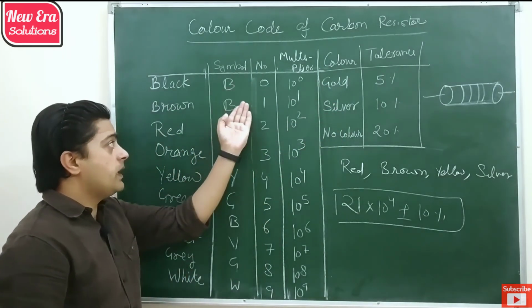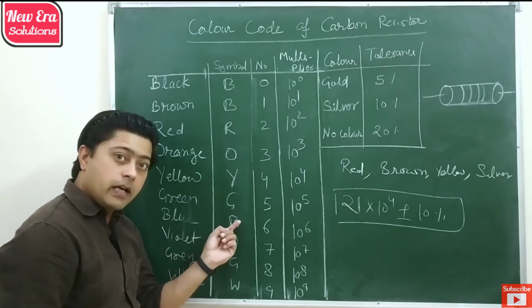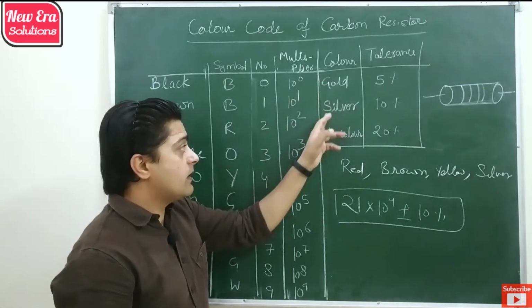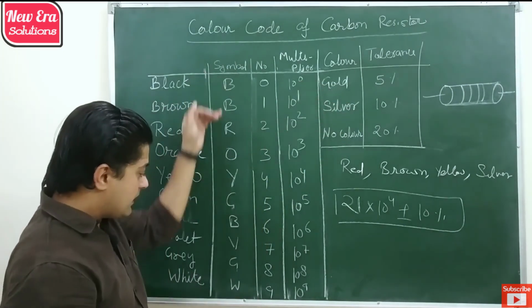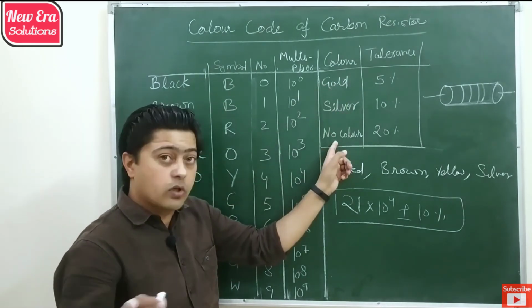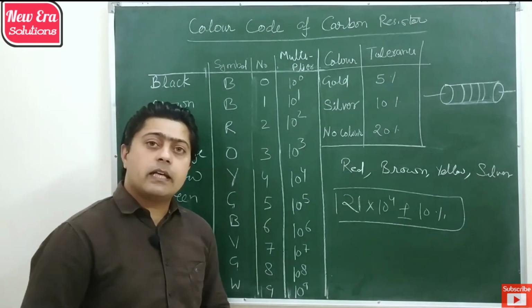Again, B.B. Roy of Great Britain had very good wife wearing gold silver necklace. So these 10 colors represent the number, and these 3 colors gold, silver and no color represent the tolerance or error. Let's take one more example.